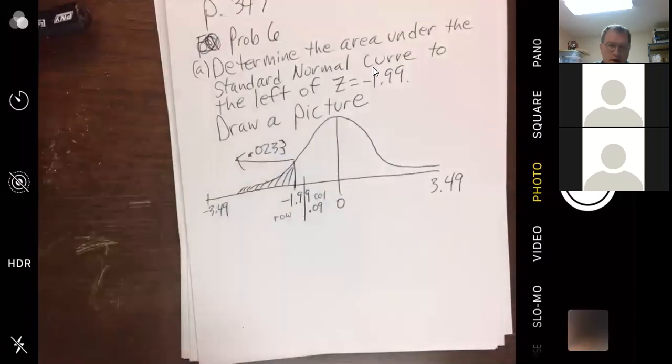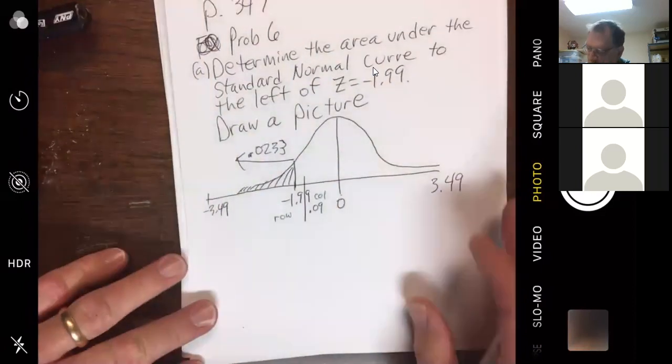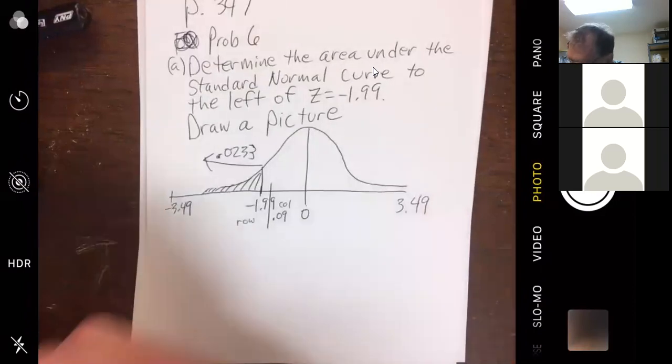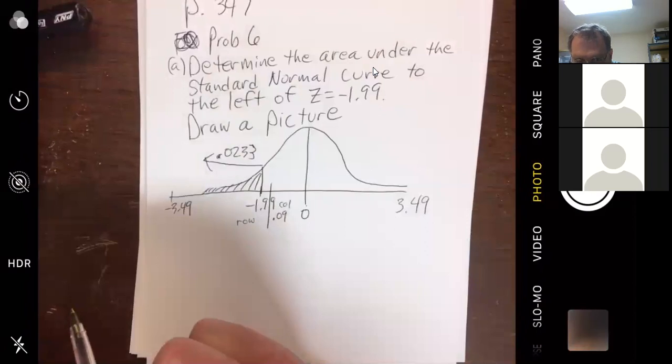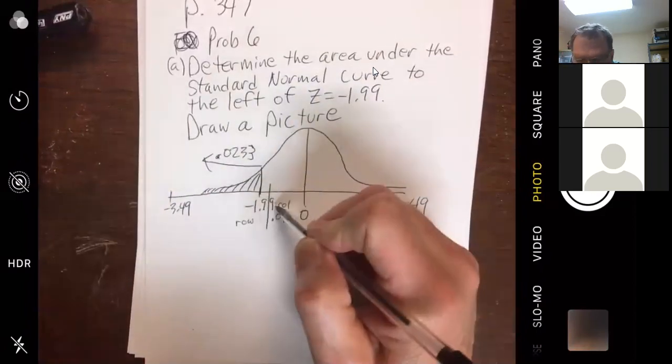Okay, before we go on and do any more, this probably seems like complete gibberish to you. So let's stop and understand exactly what all these numbers mean. Do you understand what the negative 1.99 means?